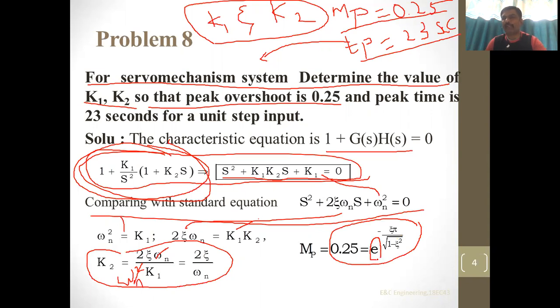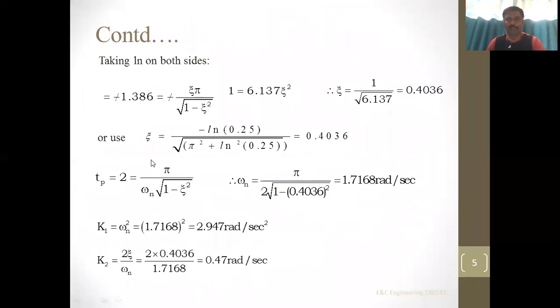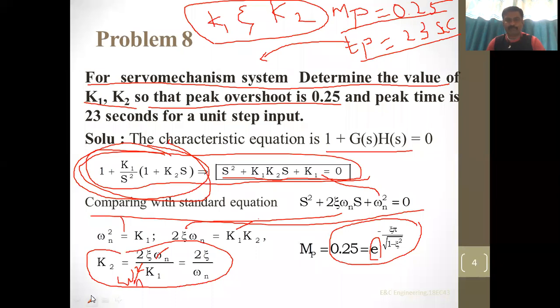By applying natural log on both sides. That forms natural log of 0.25, ln of 0.25. In your calculator, you need to make use of natural log. That is, ln of 0.25 is equal to minus xi pi divided by root of 1 minus xi square.